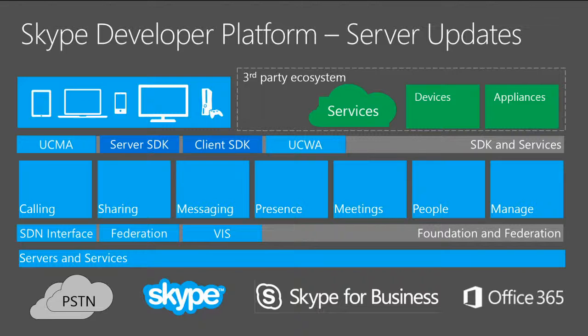We have new versions of UCWA, new versions of UCMA. We have the Web SDK, and basically also an SDN interface, which is improved from Lync 2013. Federation capabilities that are definitely there, not only from Skype to Skype for Business, but also the interoperability. And we also have the opportunity that you integrate video conferencing technology with Skype for Business through this. Okay, Andy.